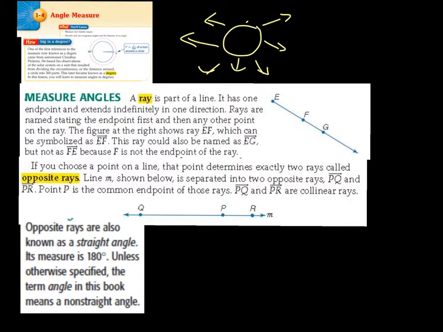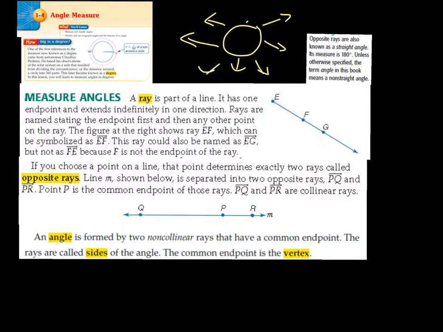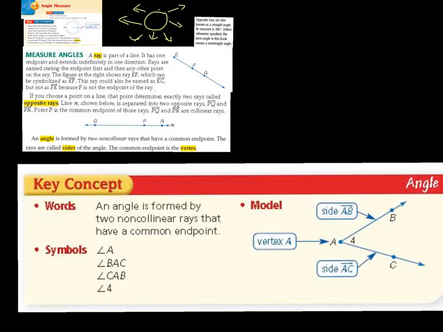Unless otherwise specified, the term angle in this book means a non-straight angle. An angle is formed by two non-collinear rays that have a common endpoint. The rays are called sides of the angle. The common endpoint is the vertex. This restates the same thing.